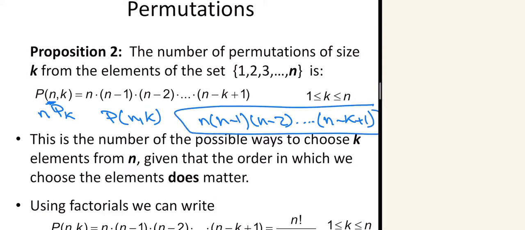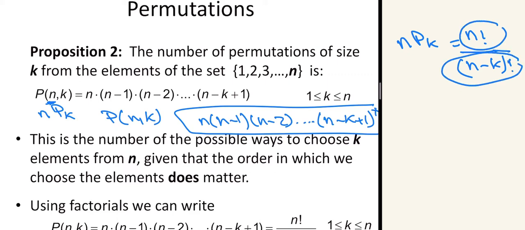So normally when we say nPk equals n factorial divided by (n minus k) factorial, this has a numerator and a denominator.